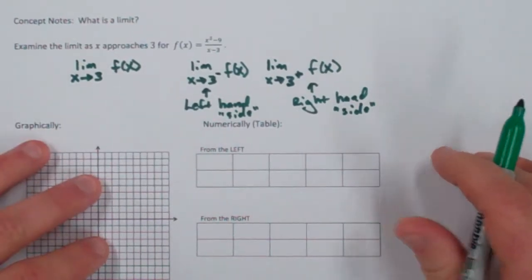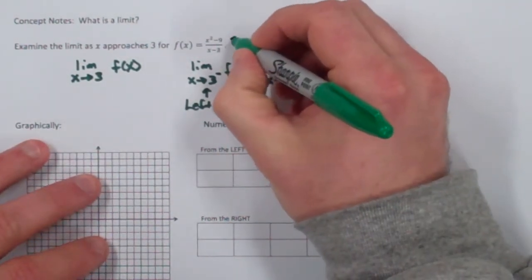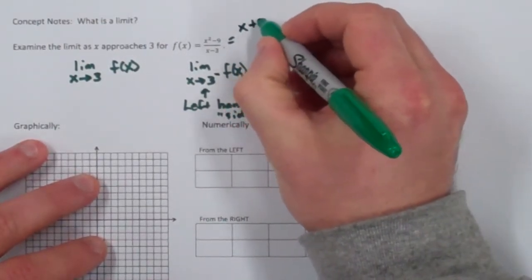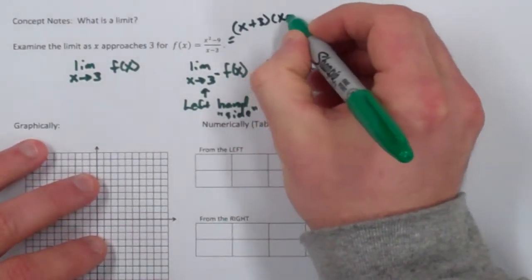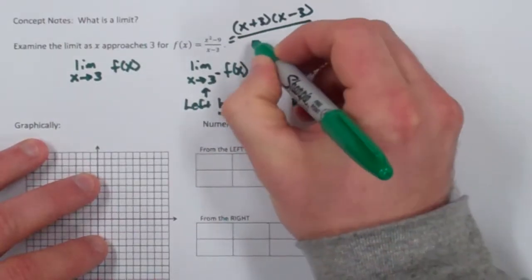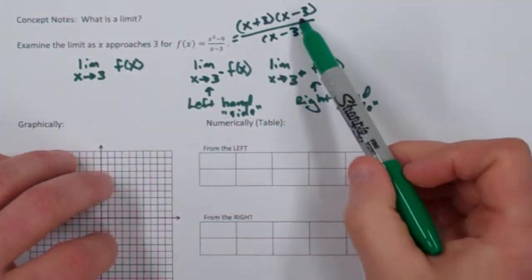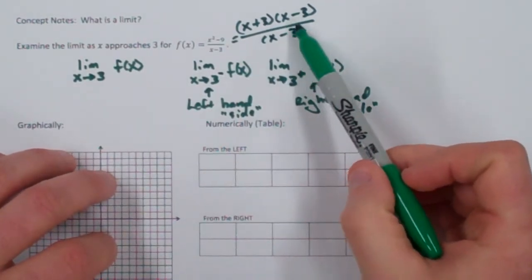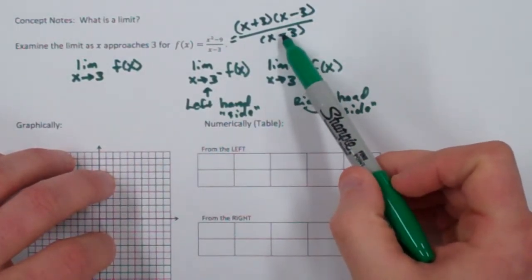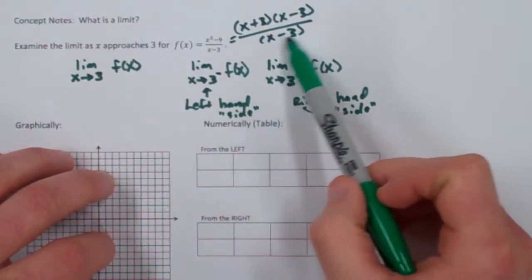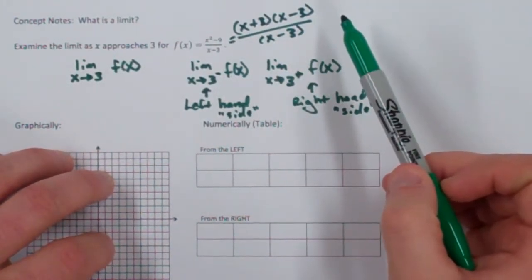What is going on? One of the things you can do is try to factor. So let's factor x squared minus 9. It's going to be x plus 3 times x minus 3. And in the denominator we still have our x minus 3. So you'll note that in the numerator and denominator we have the exact same factor, which means that the value of 3, the value that makes the denominator 0, is going to be a hole.